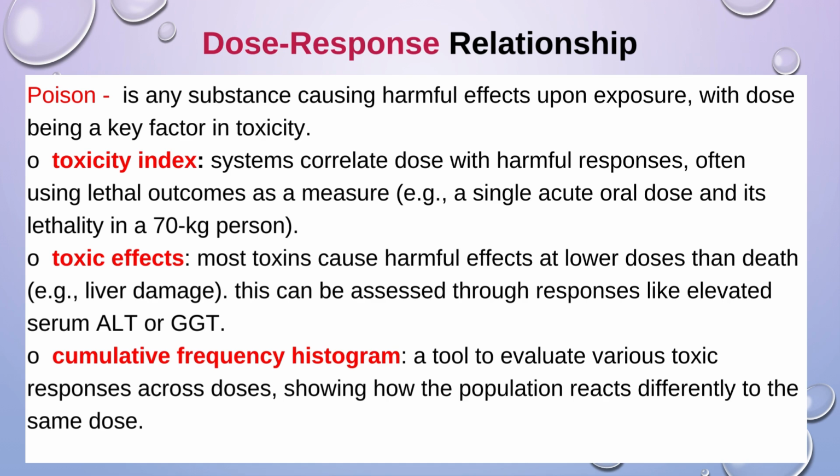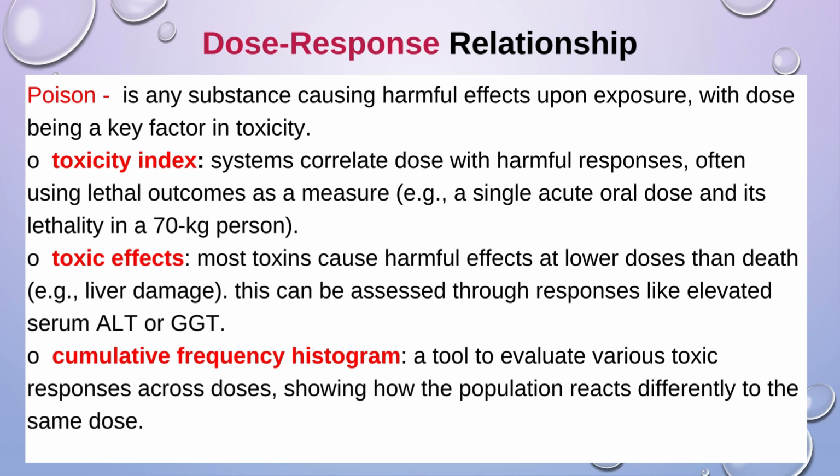Most toxins cause harmful effects at lower doses than death. This can be assessed through responses like elevated serum ALT or GGT, as the liver is the organ commonly affected. We also have the cumulative frequency.